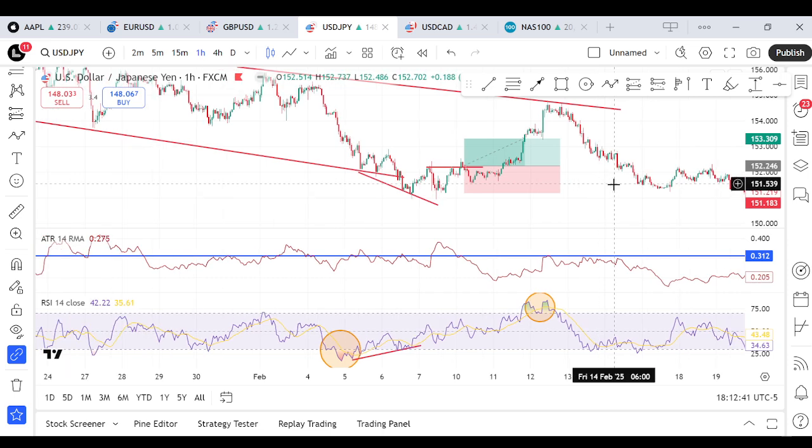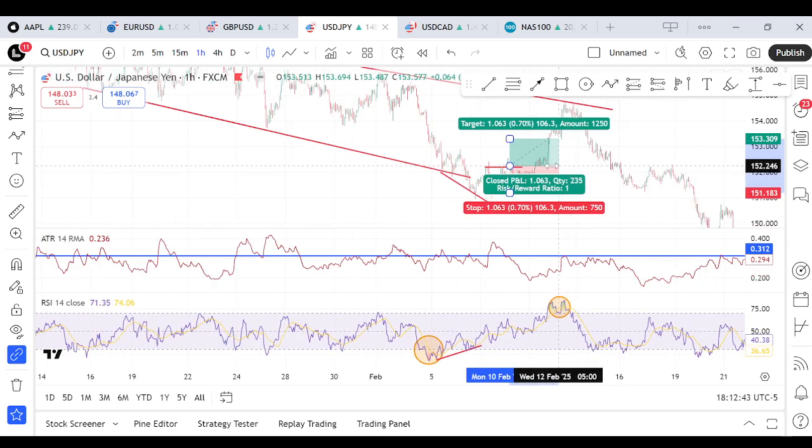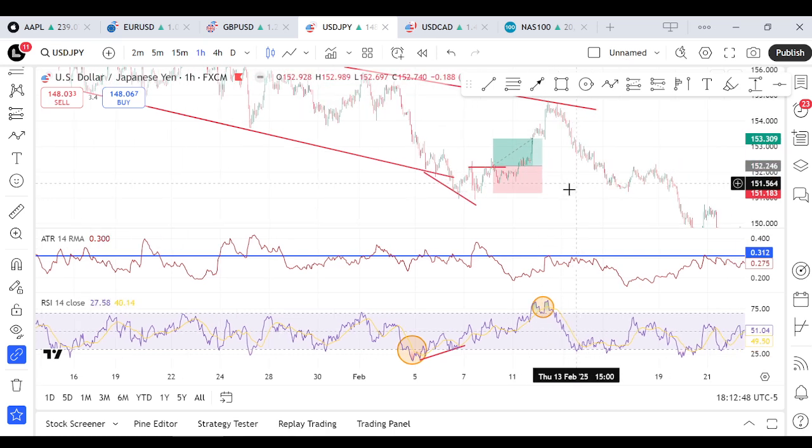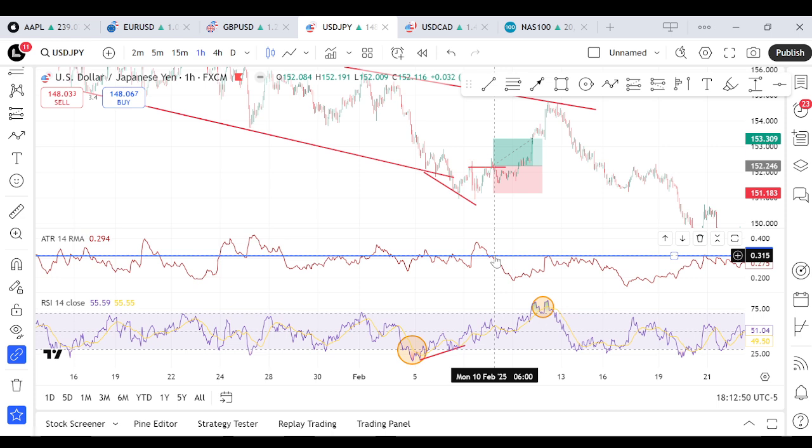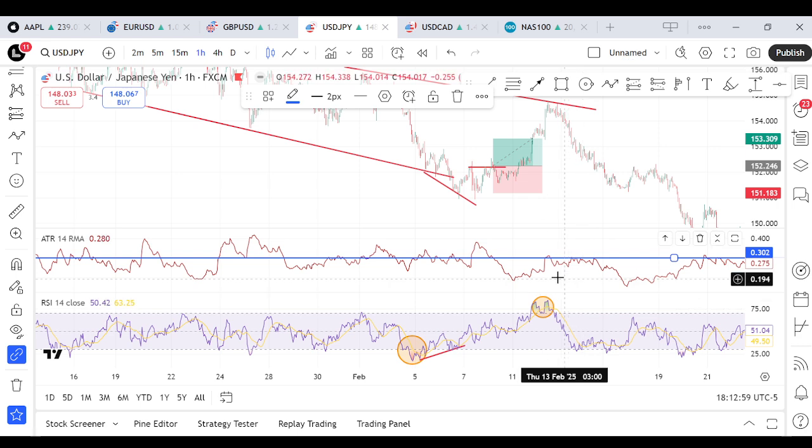Now looking at this, how do we set our take profit and our stop loss using our ATR? I've discussed this before. At the current time, we just check our ATR, the current ATR at the set time, and it is 0.302.